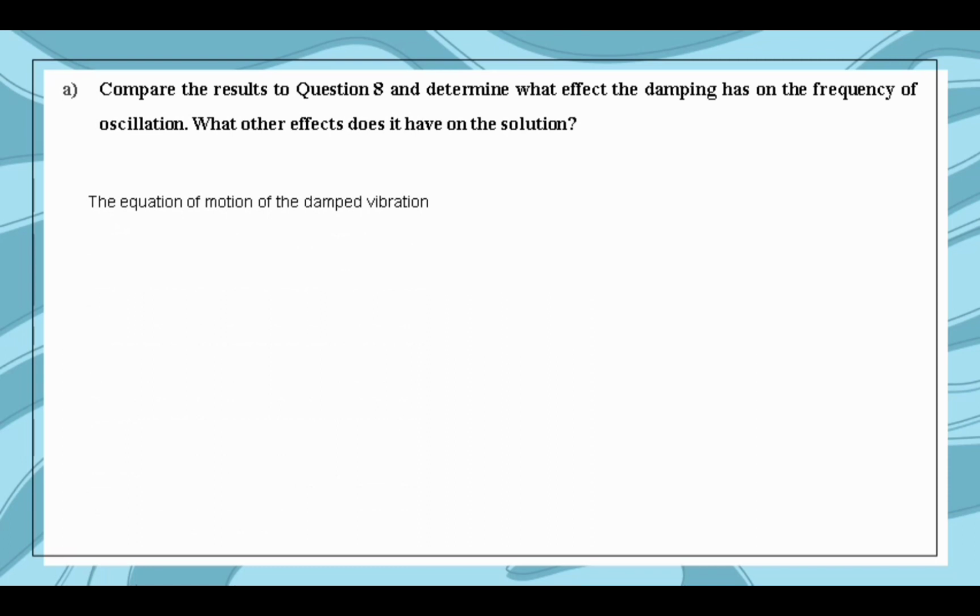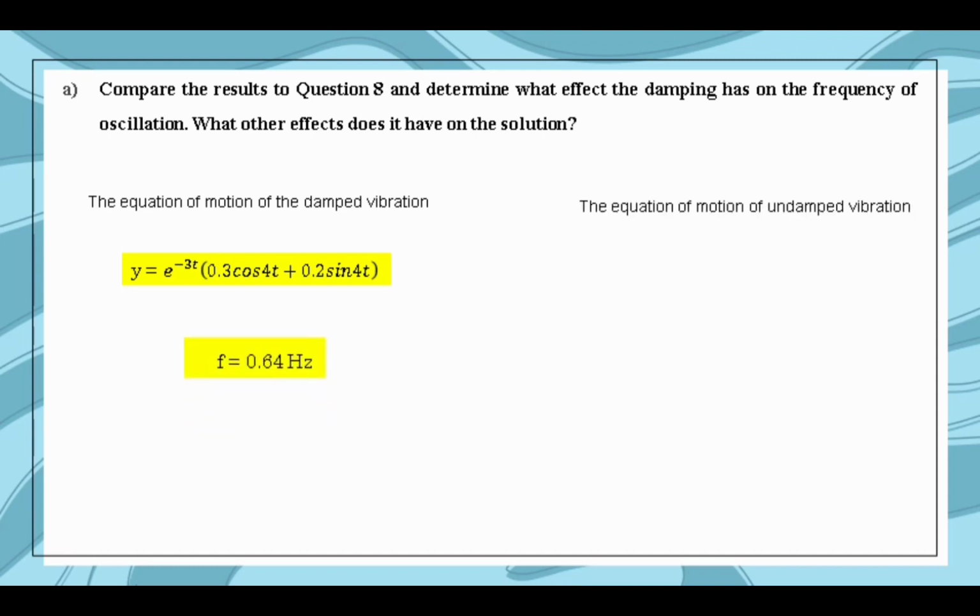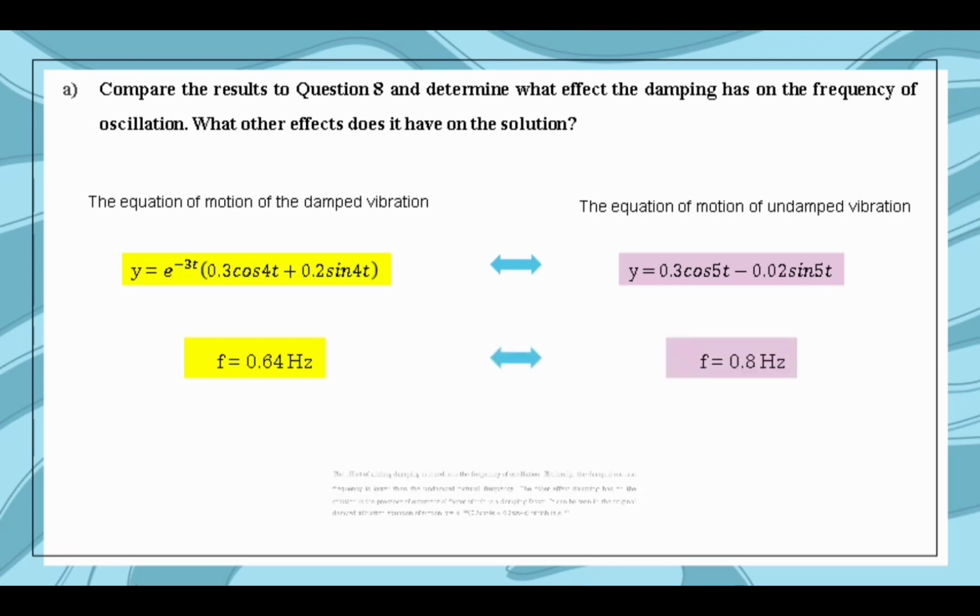To compare, the equation of motion of the damped vibration is y equals e to the power of negative 3t times (0.3 cos 4t plus 0.2 sin 4t). The frequency is 0.64 Hz, while the equation of motion of the undamped vibration is y equals 0.3 cos 5t minus 0.02 sin 5t with a frequency of 0.8 Hz.